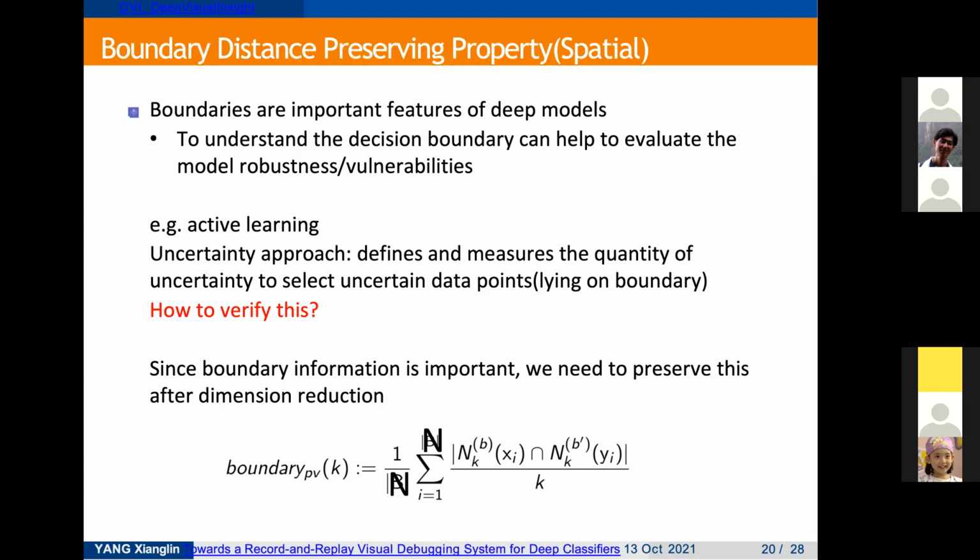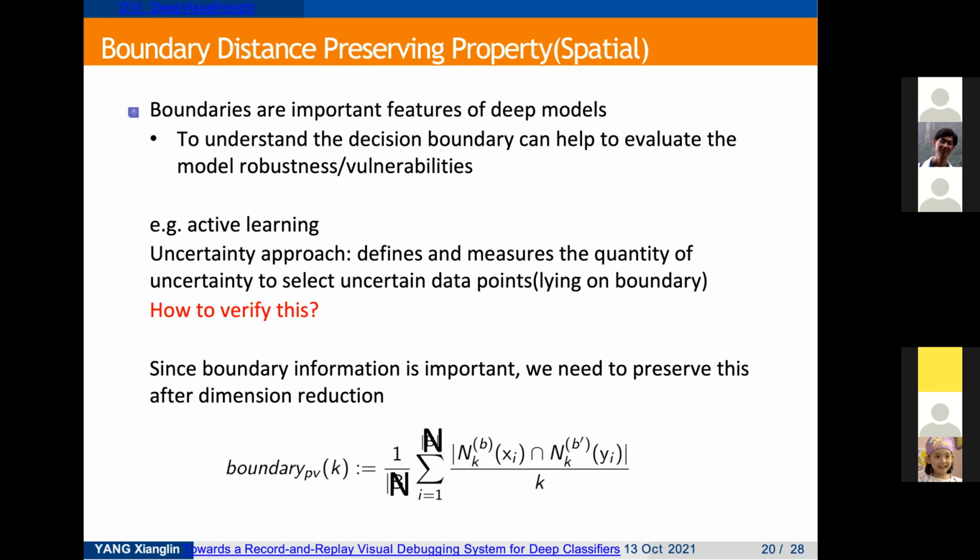To calculate the boundary distance preserving property, for any point xi from the training data set, we assume we have a set of boundary points that can well represent the boundary itself. For any training point xi, we find its k-nearest boundary points, denoted as nkb(xi).